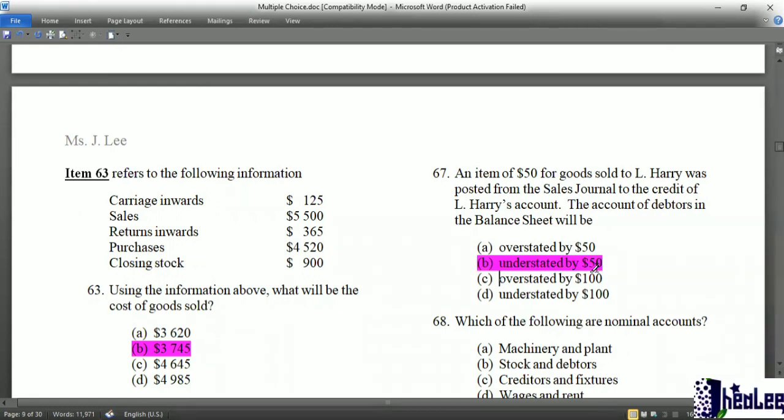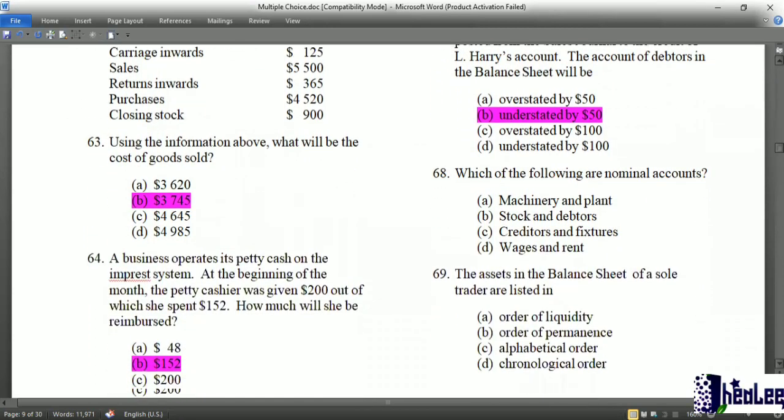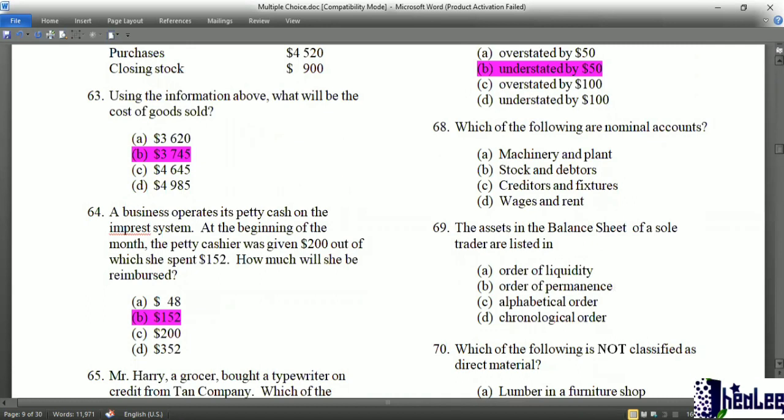So because the debtors account was credited instead of debited, it's going to cause a reduction in the debtors. So therefore, that is an understated amount. Number 68, which of the following are nominal accounts? Nominal accounts there, based on the responses, we have wages and rents.